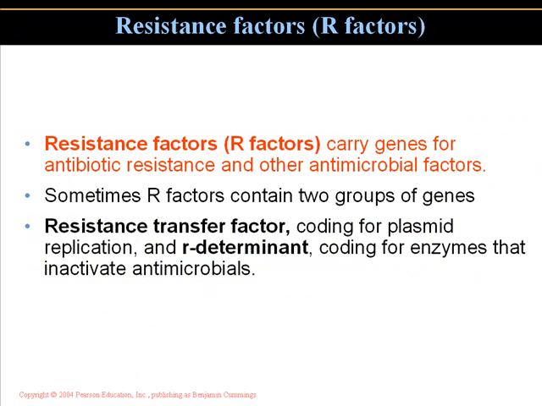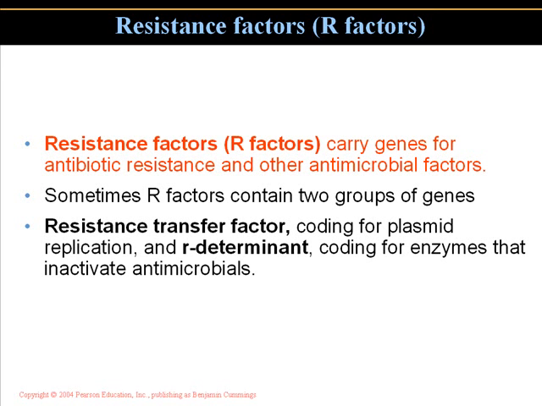There are resistance factors that carry genes resistant to particular antibiotics and other antimicrobial factors. Some R factors contain two groups of genes: resistance transfer factors, coding for plasmid replication, and R determinants, coding for enzymes that inactivate antimicrobials.